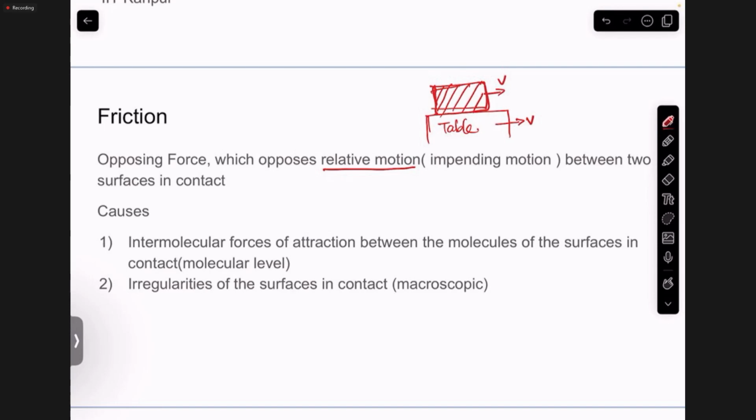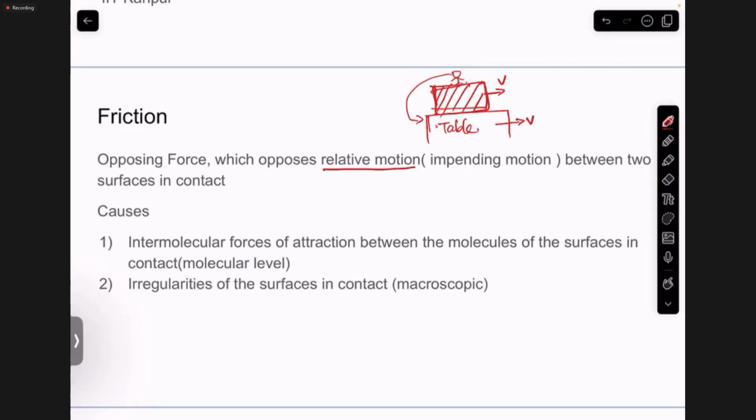Okay, so what is happening? If both of them are moving with the same velocity, then when an observer is here on this block, he will feel that this table is stationary relative to that person, right?